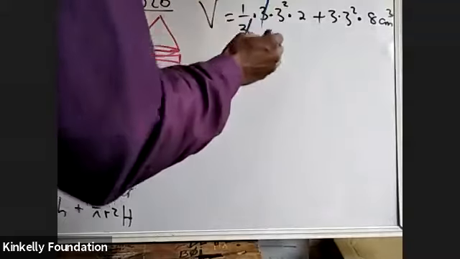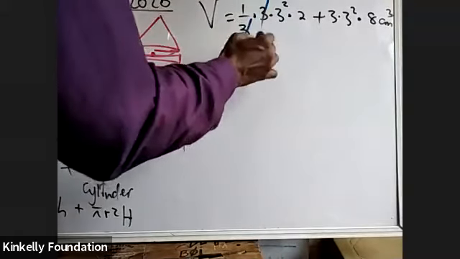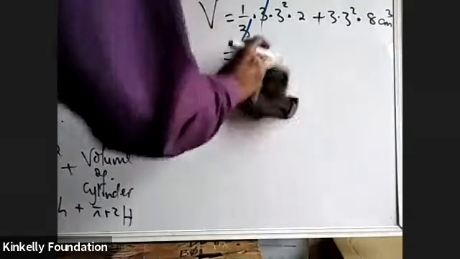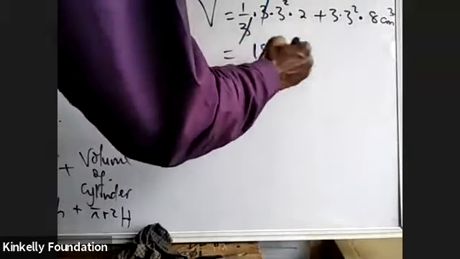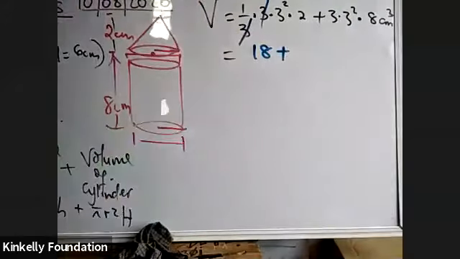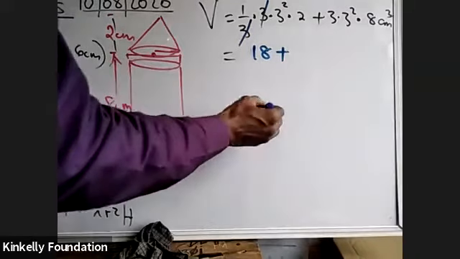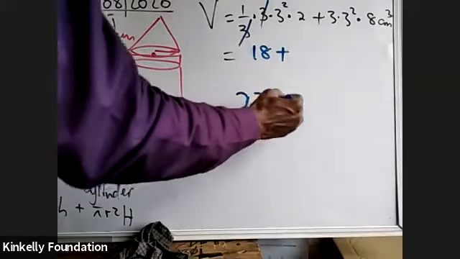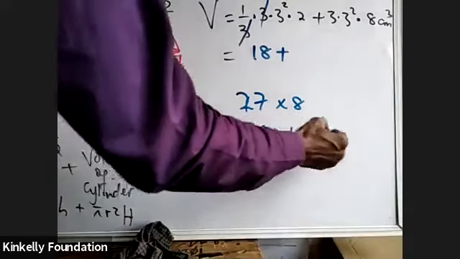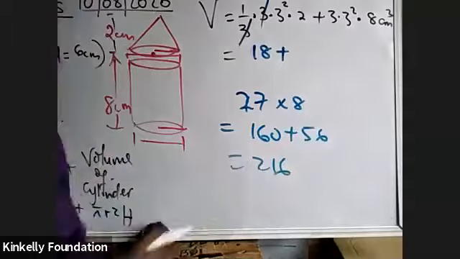This one goes with this one to give us 3 squared is 9 times 2, which is 18. 18 plus 9 times 3 is 27, and 27 times 8 is 216.